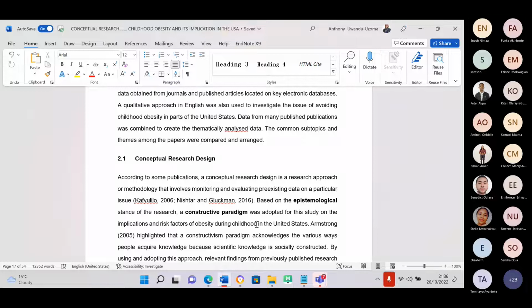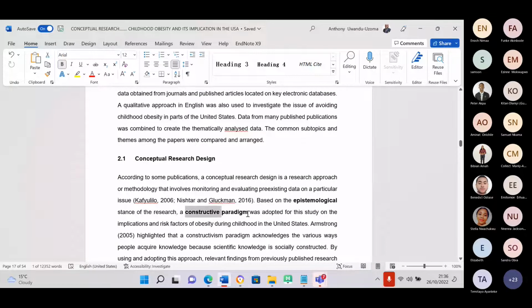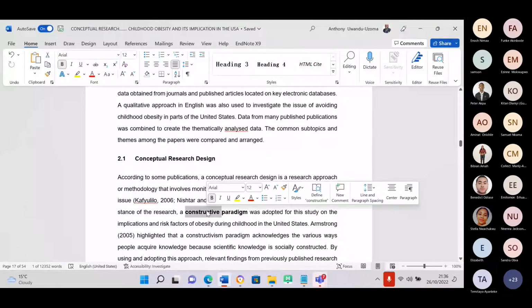Everything should be consistent. Maybe you are doing a survey, and then you say your research paradigm is a constructive paradigm. You have failed. But I'm just giving you the answer to your own. Your own is already a constructive paradigm, so there is no need of wasting time.